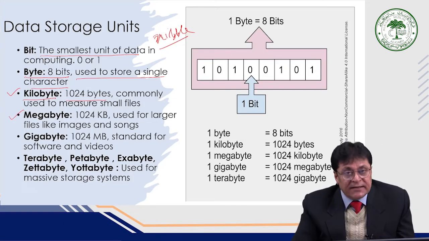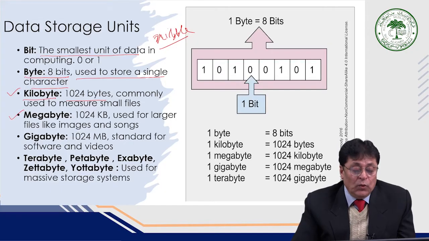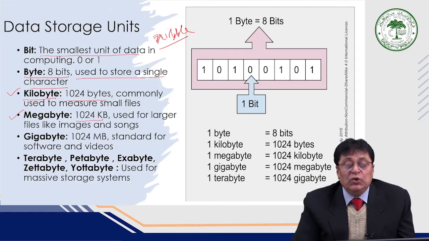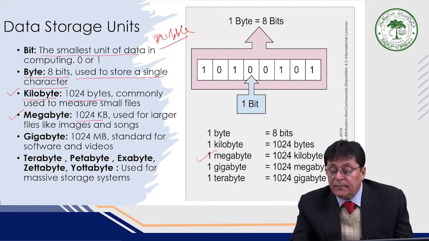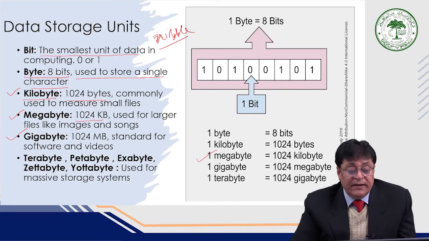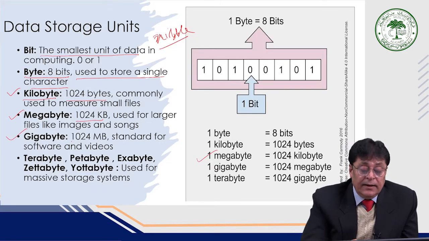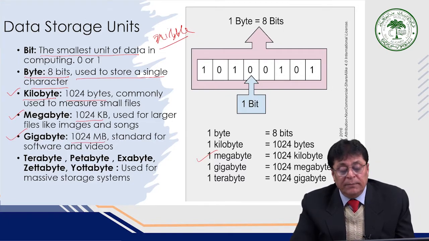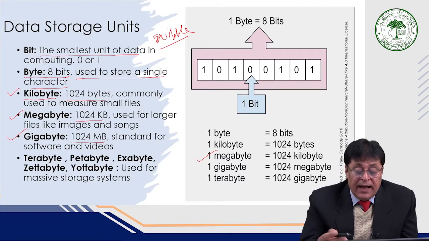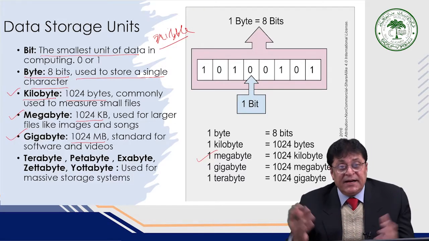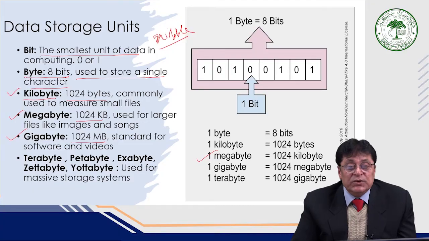Megabyte is another popular data storage unit, and 1 megabyte is equal to 1024 kilobytes. In the same way, 1 gigabyte, GB, is equal to 1024 megabytes, and for representing huge or larger data, these units are now used.